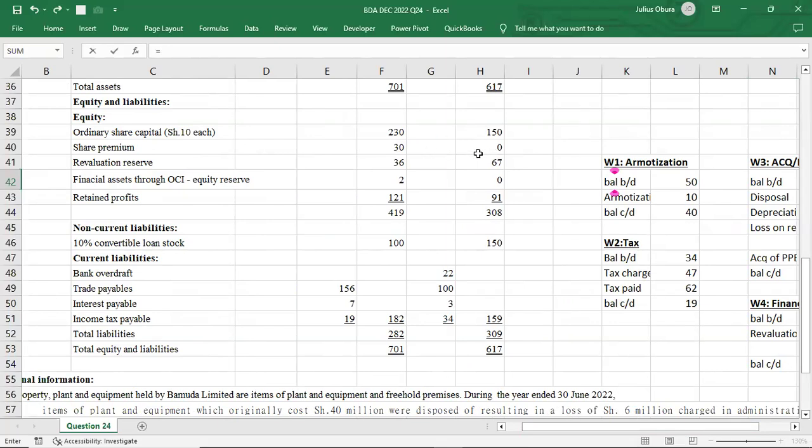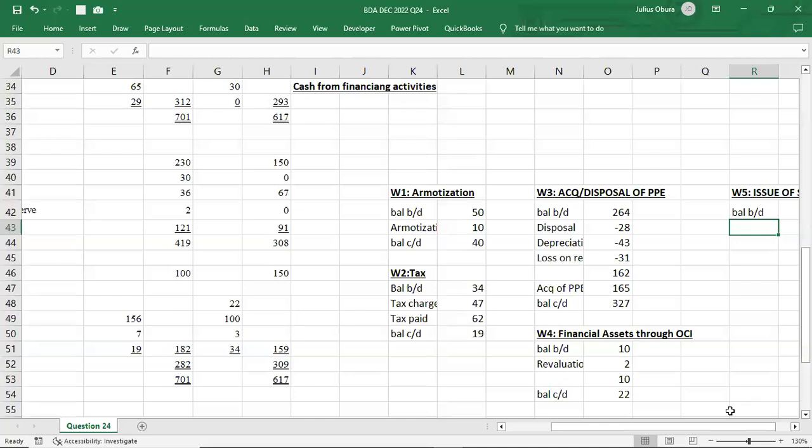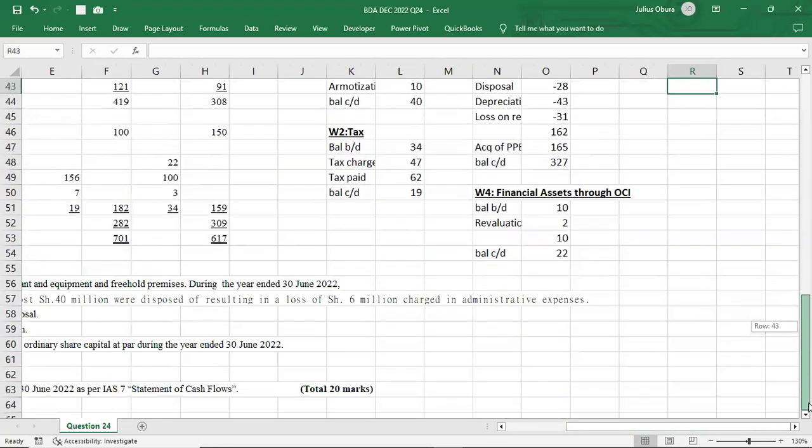So we are going to have 150 plus 0. Yeah, it has no effect, but let me just say 150 plus 0. So that is my balance brought down, a balance brought down of 150. And then was there anything that affected our ordinary shares? Yeah, there was such information in additional information number 2 or 1, I guess.